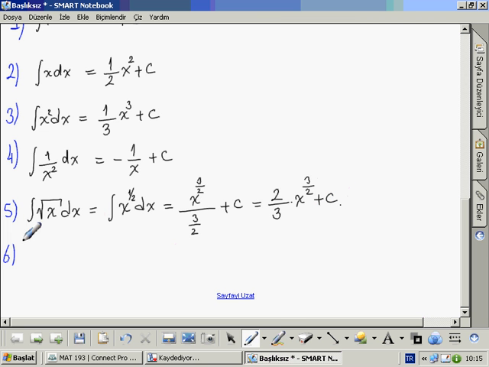And the sixth one, integral 1 over square root of x dx equals 2 times square root of x plus c.